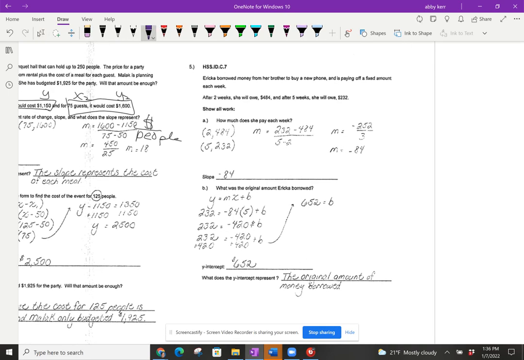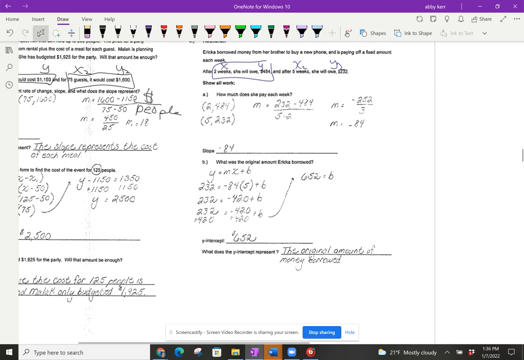The same thing for number 5. So 2 weeks, that's going to be your x. This will be your y. This will be your x2, y2. And find the slope. Original amount, that's a key for y-intercept, which is your b value. So this is your m.